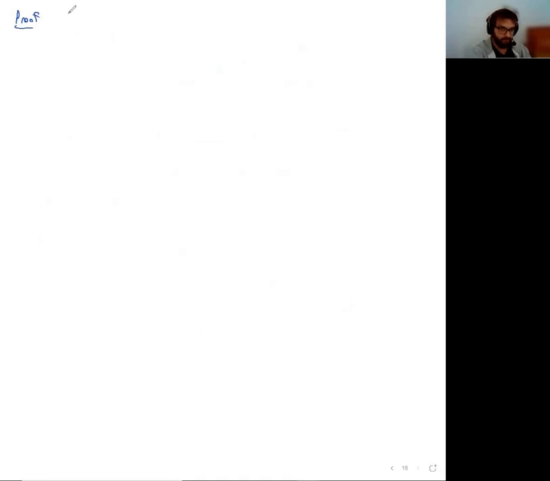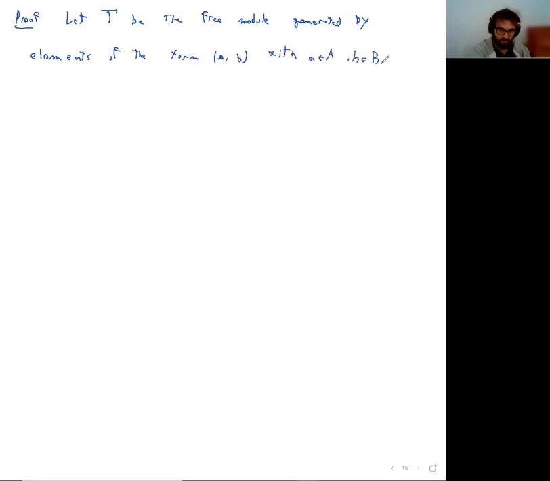We define T to be the free module generated by elements of the form AB, with A in A and B in B.